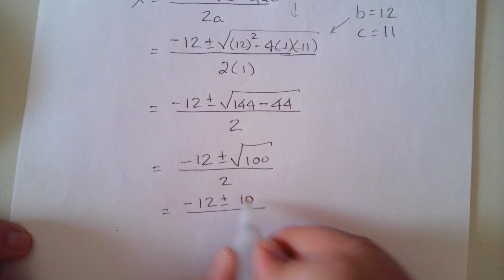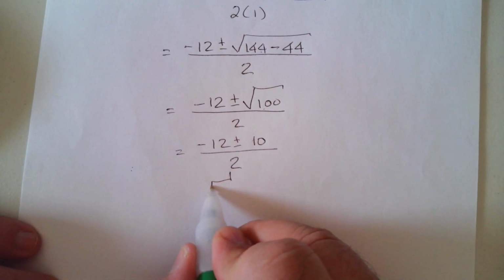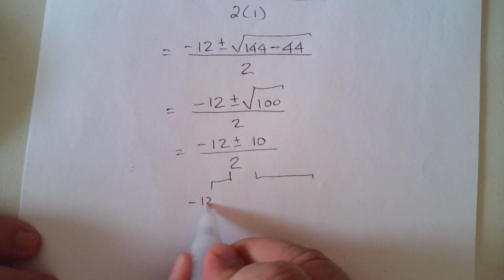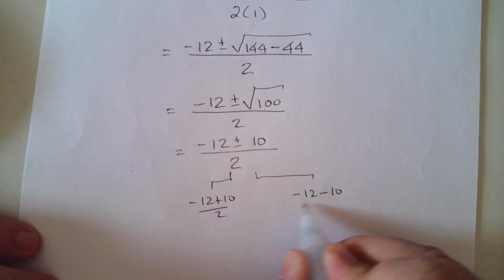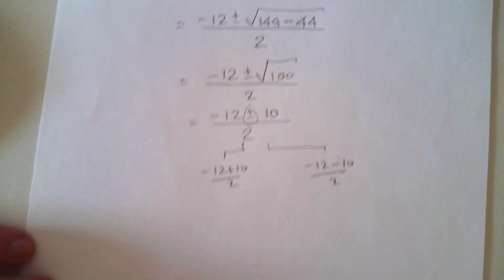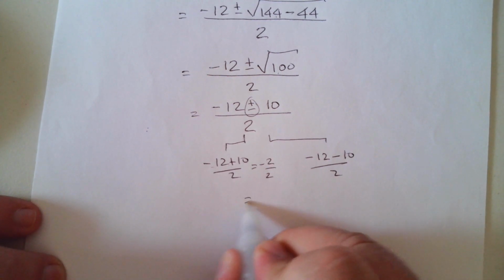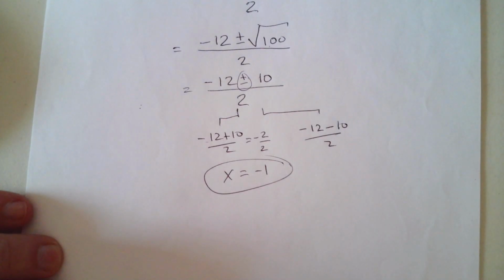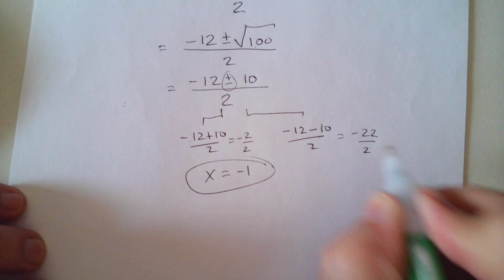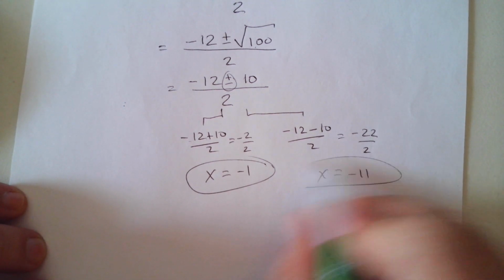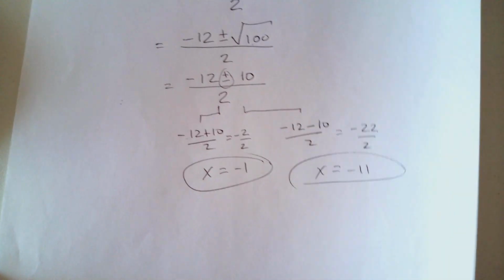The square root of 100 is 10. Now we have two numbers: negative 12 plus 10 over 2, and negative 12 minus 10 over 2. We have to take one of each. Negative 12 plus 10 is negative 2, over 2 is negative 1. Negative 12 minus 10 is negative 22, over 2 is negative 11. So far, so good.